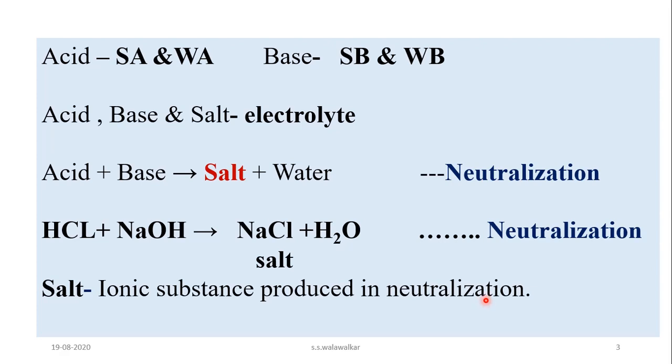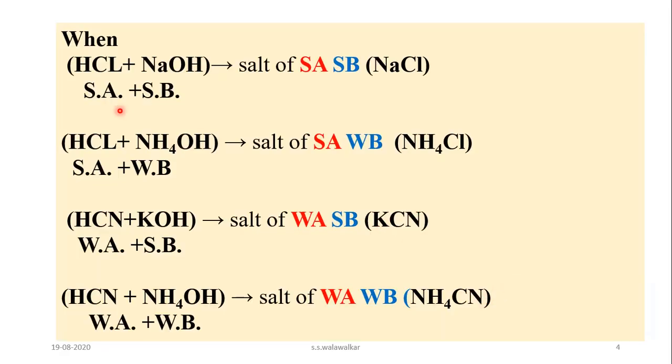Now different types of salts are there. When HCl, that is strong acid, and NaOH, strong base, when they react, then form salt NaCl, which is formed from strong acid and strong base. Here NH4Cl, salt, it is formed from strong acid HCl and weak base NH4OH, ammonium hydroxide.